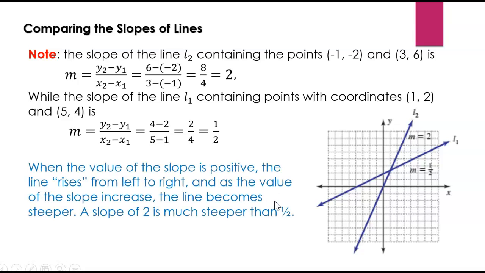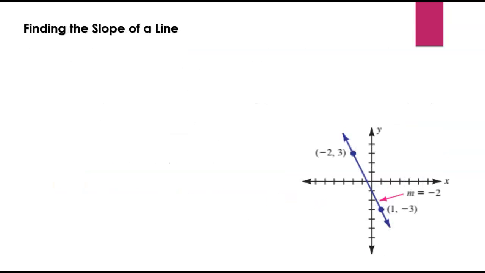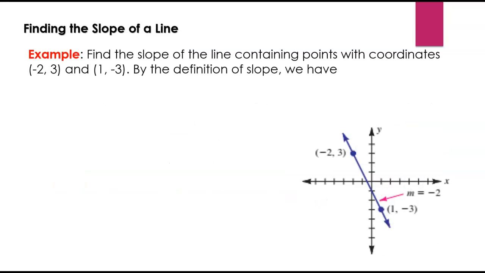When the value of the slope is positive, the line rises from left to right, and as the value of the slope increases, the line becomes steeper. A slope of 2 is much steeper than a slope of 1/2. Finding the slope of the line is easy to do even if we've just been given the diagram, and we can continue with this example. Here we have -2, 3 and 1, -3.